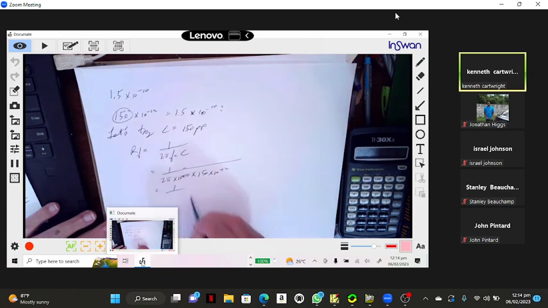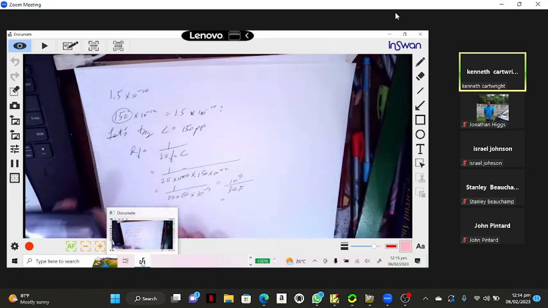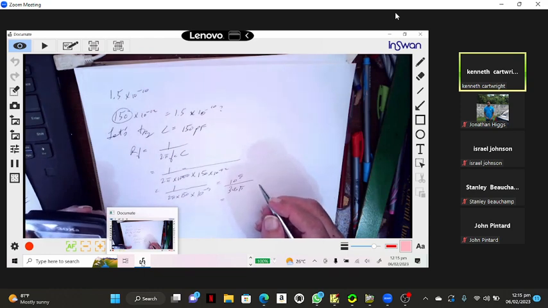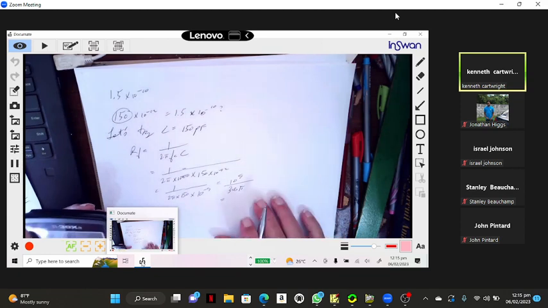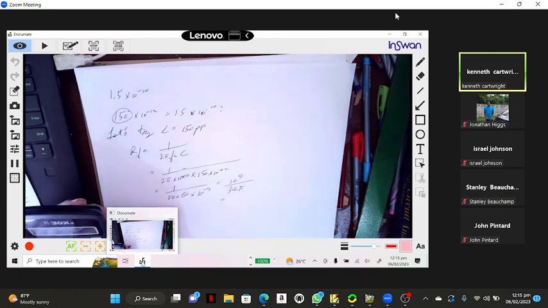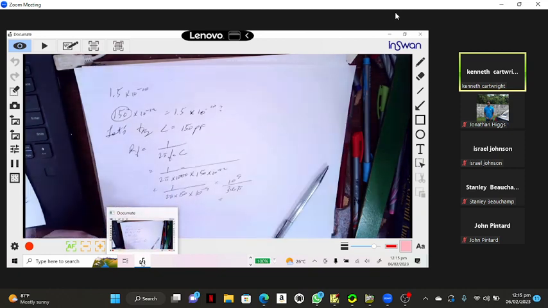Which is 1 over 2 pi times 150 times 10 to the minus 9, which is 10 to the 9 over 300 pi, which is... did I screw up somewhere? Because I've got like 1.6 meg.